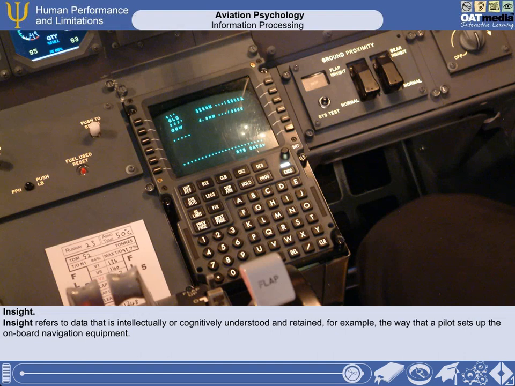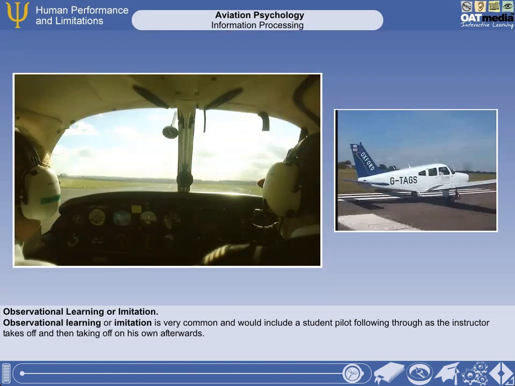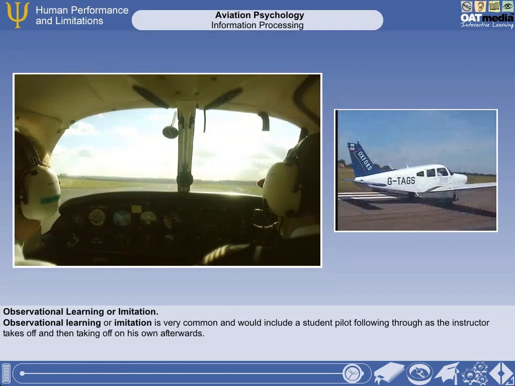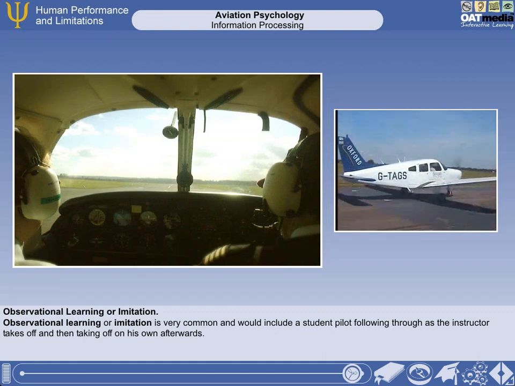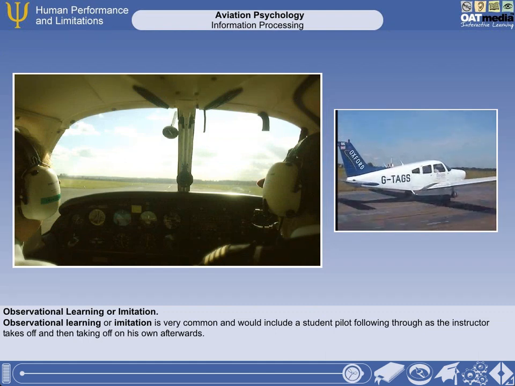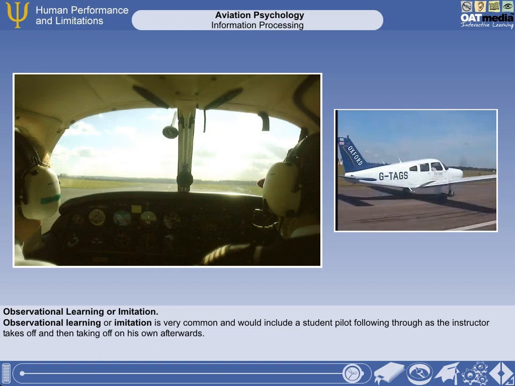Insight refers to data that is intellectually or cognitively understood and retained. For example, the way that a pilot sets up the onboard navigation equipment. Observational learning or imitation is very common and would include a student pilot following through as the instructor takes off and then taking off on his own afterwards.